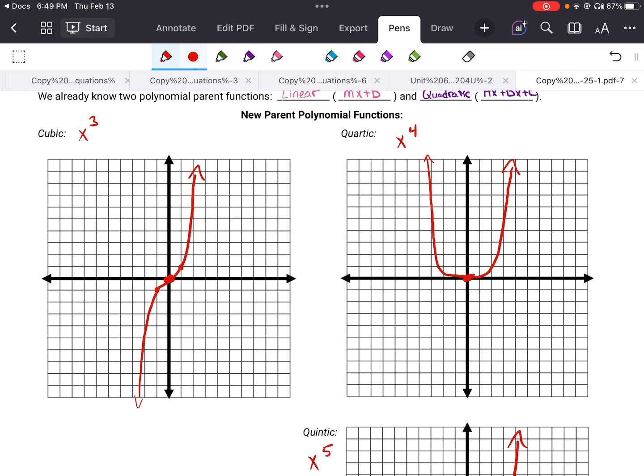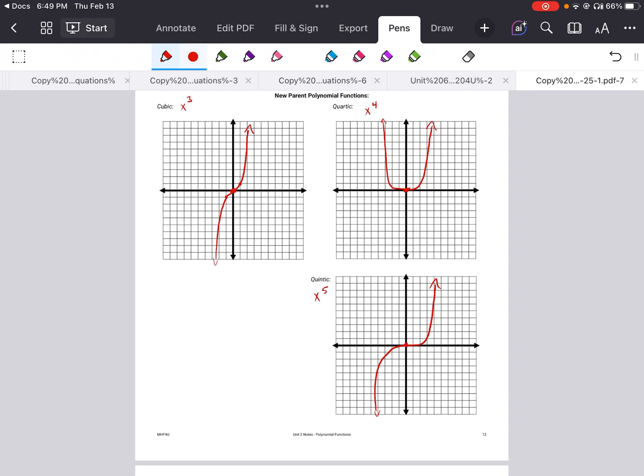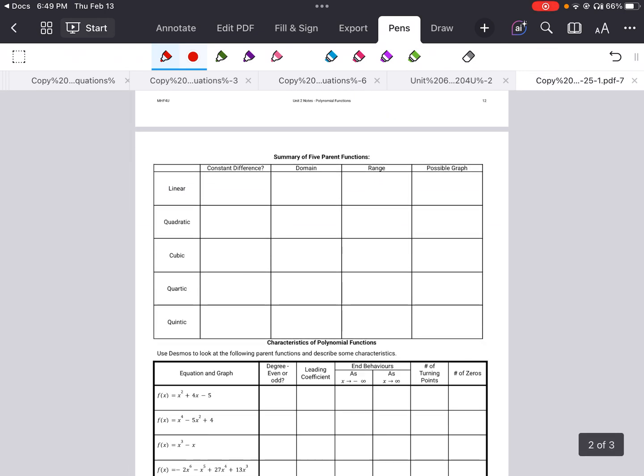So what we need to get from this is when your degree is an odd number, the bigger the odd number, the flatter the line, and it goes through, like it goes from negative to positive. If your degree is even, it won't go through, it'll turn back around, and the bigger the number, the flatter the line.